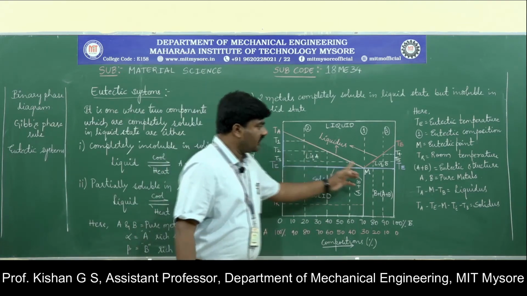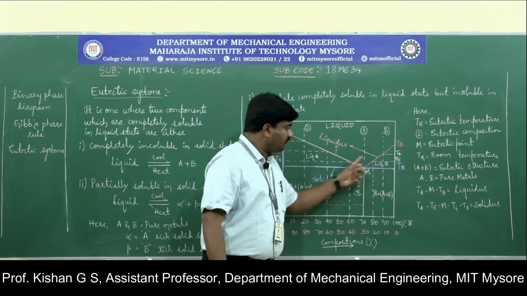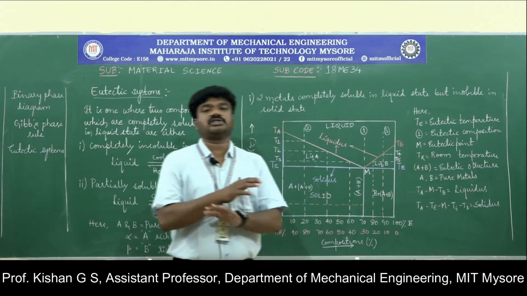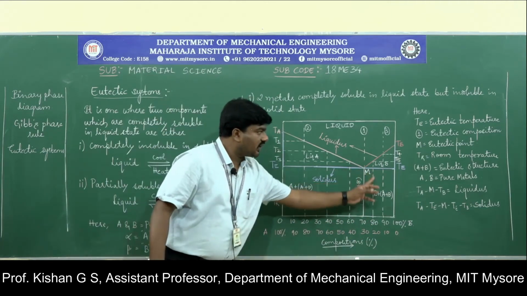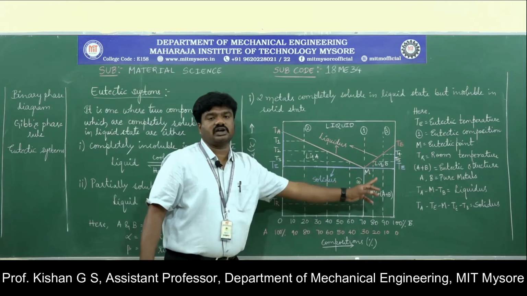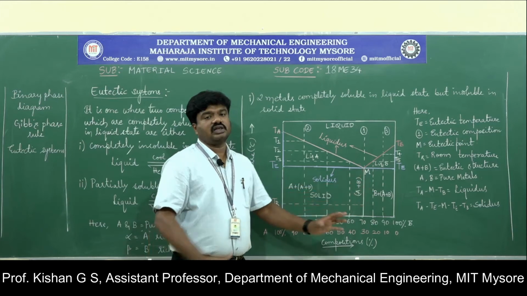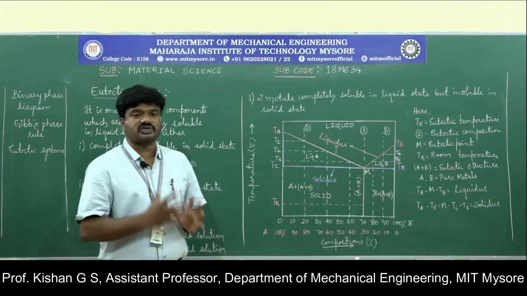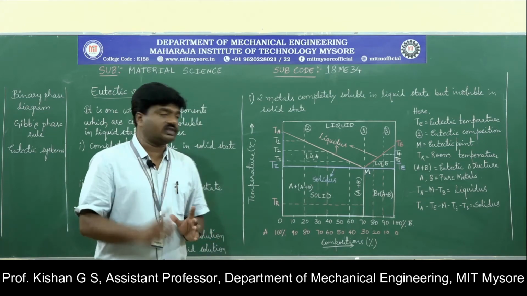When these two liquidus lines of pure metal A and pure metal B meet at a particular point wherein the complete solidification happens, that point is considered the eutectic point, represented using the capital letter M. So this is the eutectic system of the first condition, remember: completely soluble in liquid state.